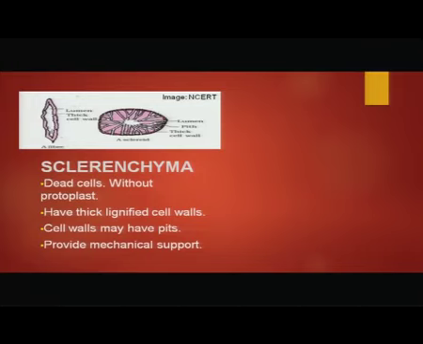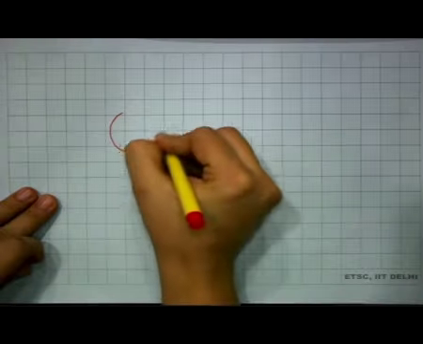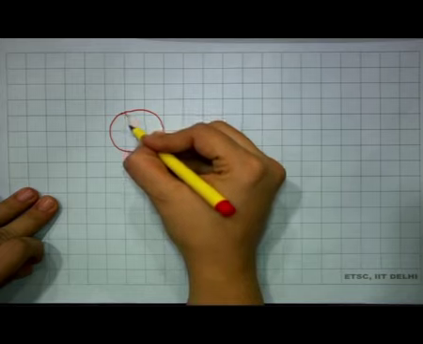You can see Sclerenchymatous cells are of two types, fibers or sclereids. So, this is a fiber and this is a sclereid. And here in the TS of a stem, you can see the Sclerenchyma. Please note the thick walls. Actually, what happens is, suppose this is a cell and now the thickenings are taking place.